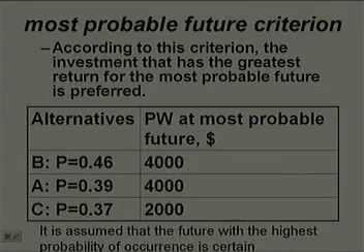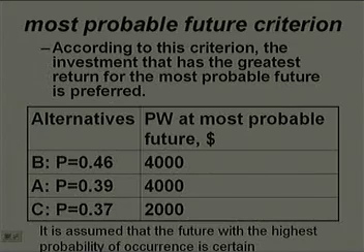Now, according to this criterion, the investment that has the greatest return for the most probable future is preferred. If you try to read this statement carefully, it says that look for that particular investment which has got the maximum return for the most probable future.